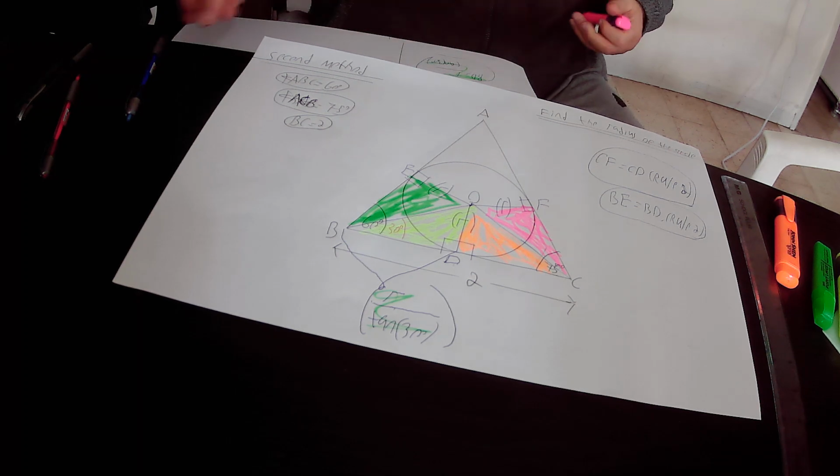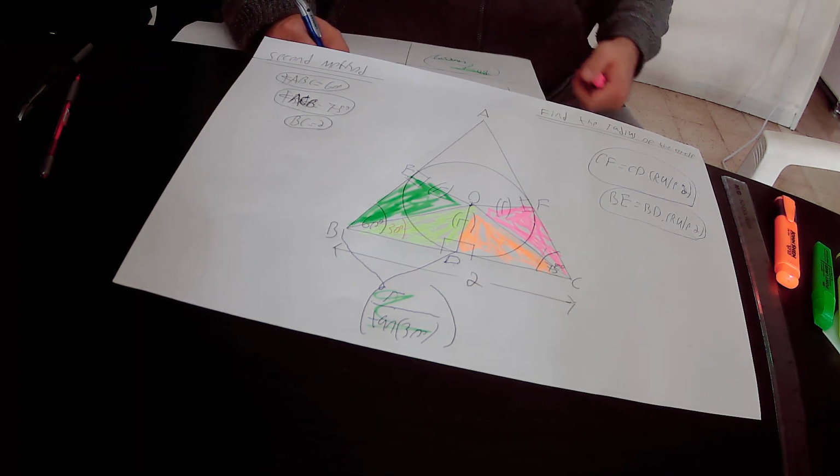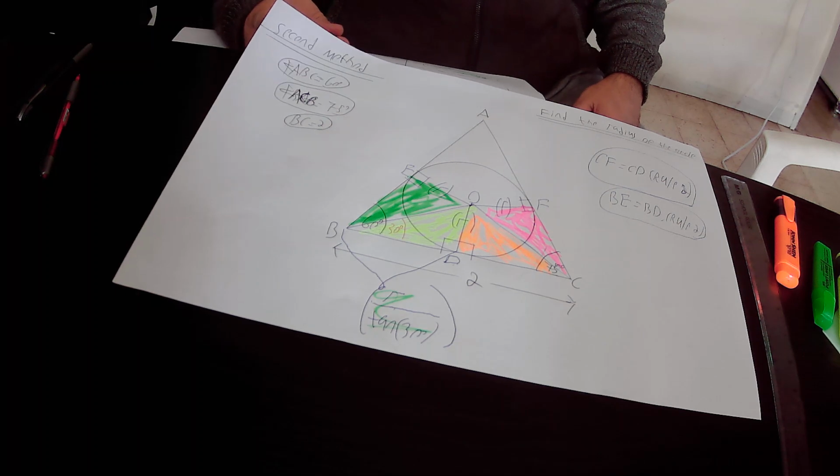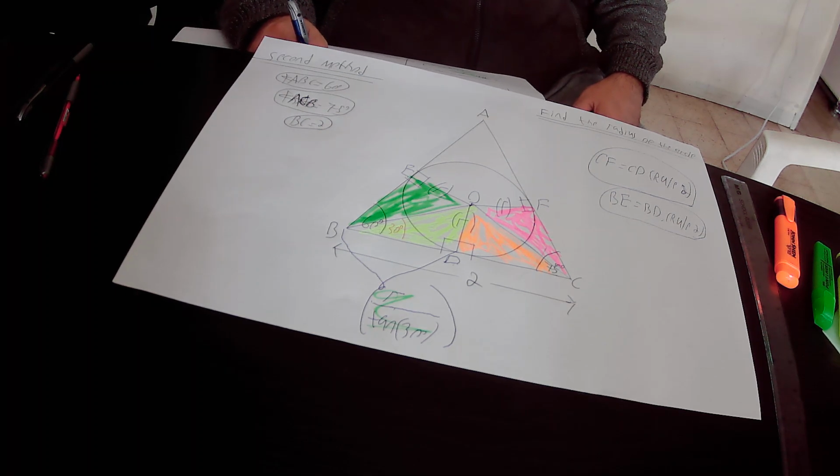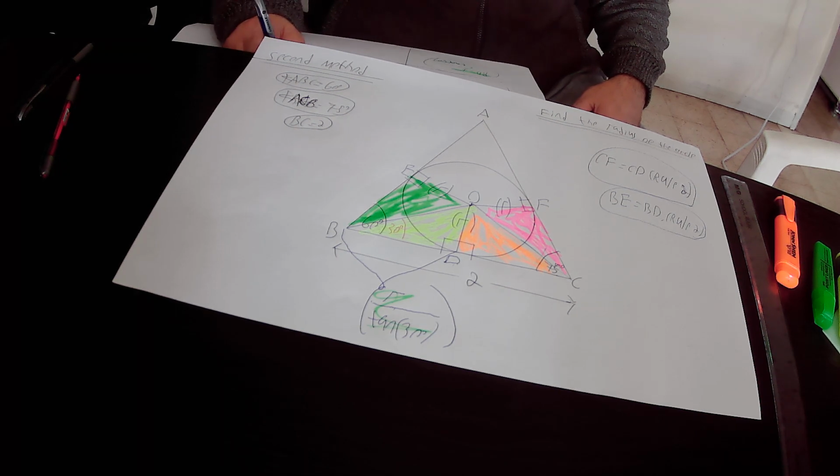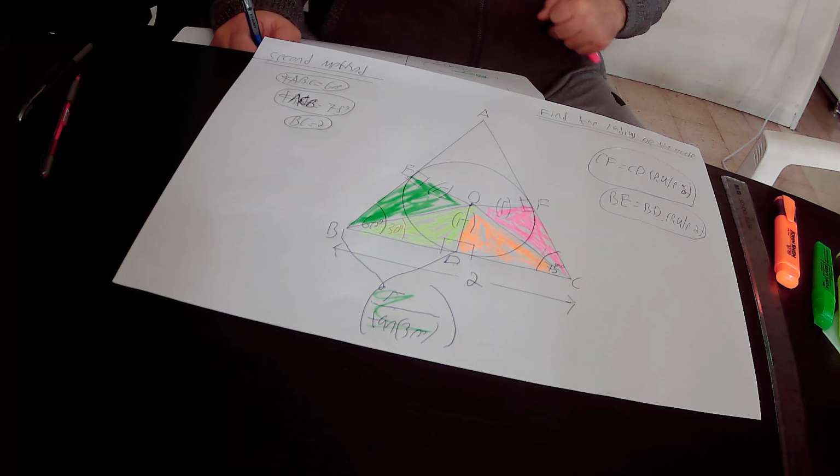So write it down. We'll prove that the orange right triangle ODC is congruent to the pink right triangle OFC.